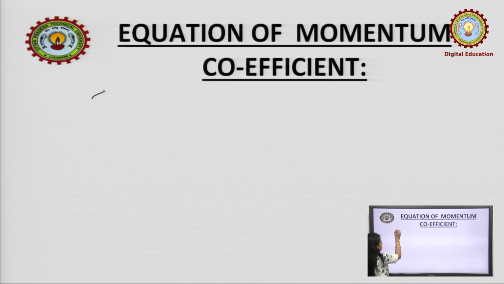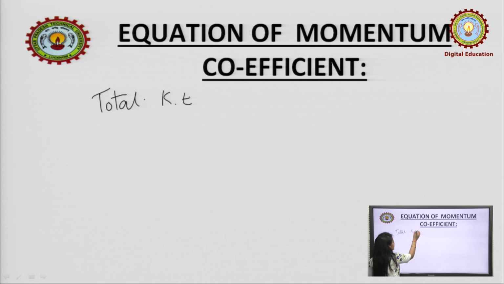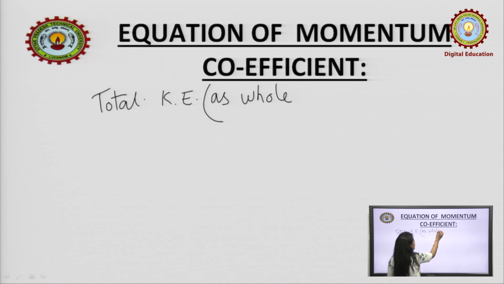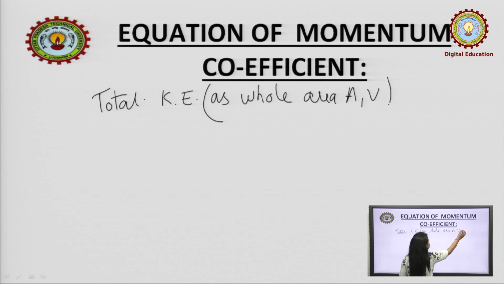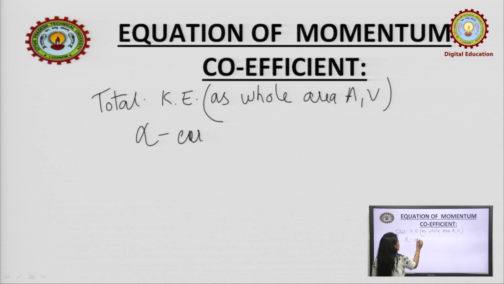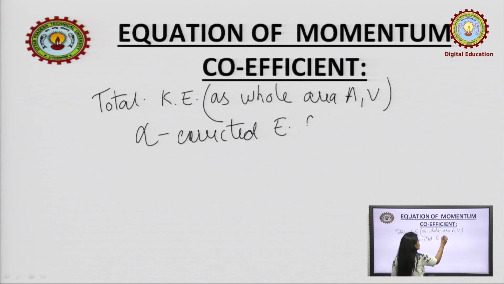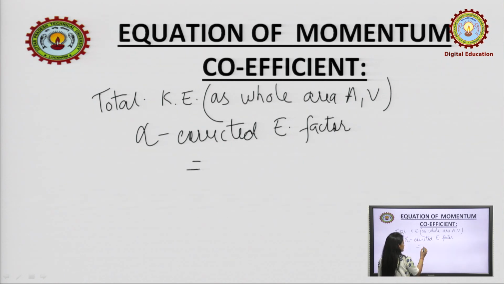total kinetic energy as a whole area, capital A, with velocity V and having the correction factor alpha, the corrected energy factor, it will be nothing but alpha times half, mass.